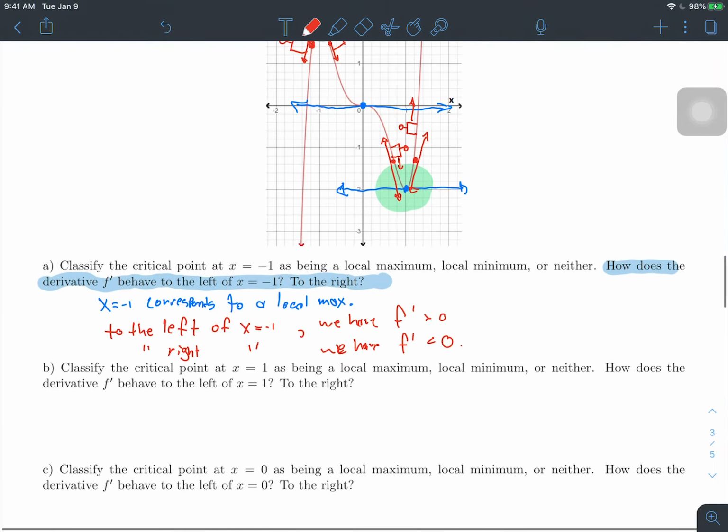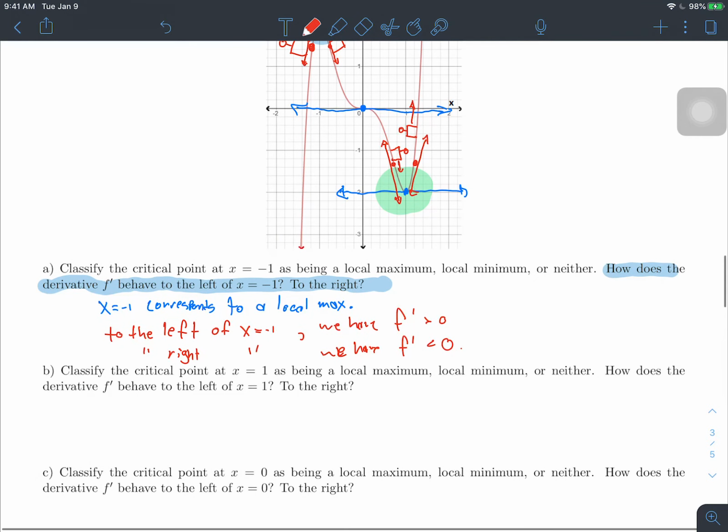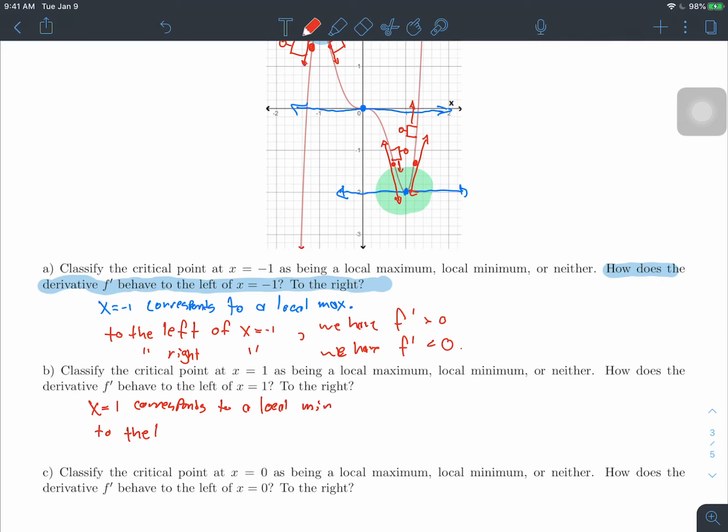So, let's make it mathematically rigorous. x equals 1 corresponds to a local minimum, and the behavior is to the left, f prime is less than 0, and to the right, f prime greater than 0.